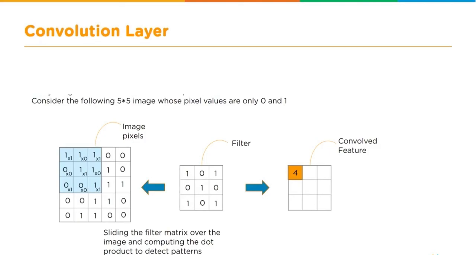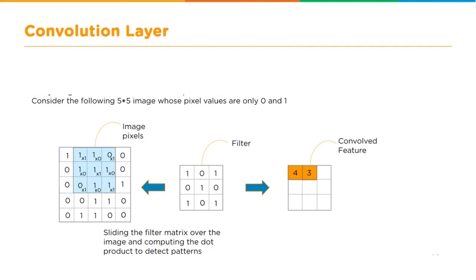Remember earlier, we talked about multiplying matrices together, and here we have our two-dimensional matrix. You can see we take the filter and we multiply it in the upper left of the image. You can see right here, 1 times 1, 1 times 0, 1 times 1. We multiply those all together, then sum them, and we end up with the convolved feature of 4.